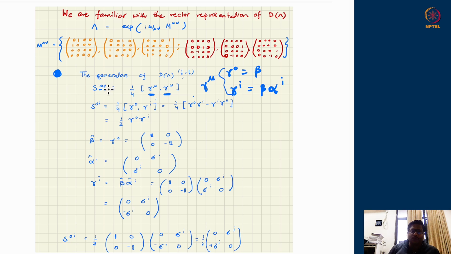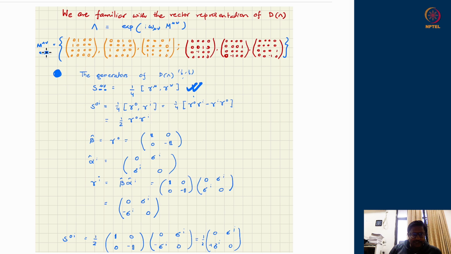So this is a rank 2 object, and it is anti-symmetric as well because the commutator is anti-symmetric. So I have generated a rank 2 anti-symmetric object, and my claim is that this satisfies exactly the same algebra which these M mu nu satisfy.